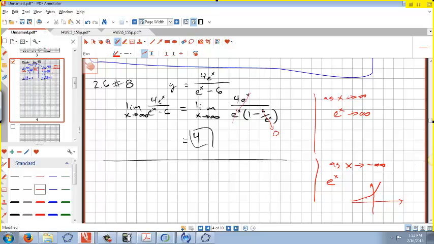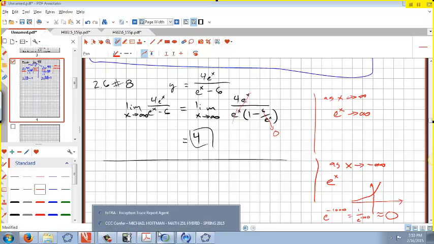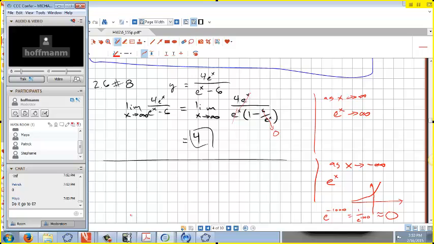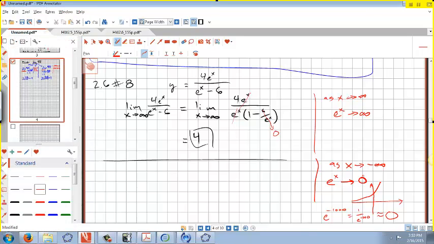If I'm walking along e to the x towards negative infinity, where does it go? As an example, what is e to the negative 1,000? That's equal to 1 over e to the 1,000. That is hella small. That is basically just 0. Yes, it goes to 0. So as x goes to minus infinity, e to the x goes to 0.